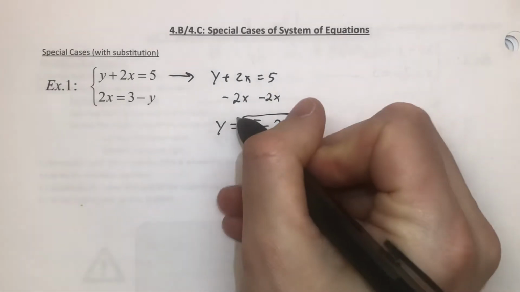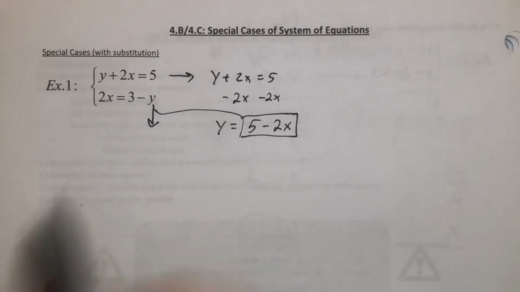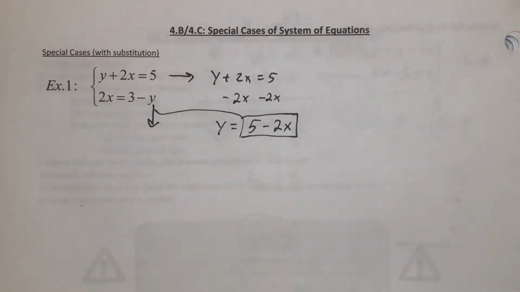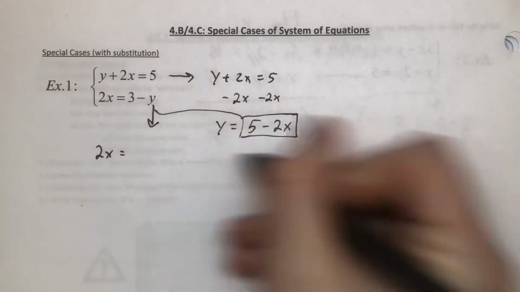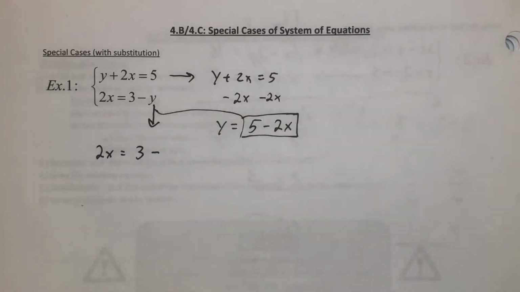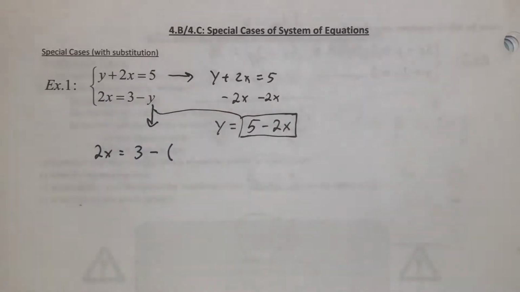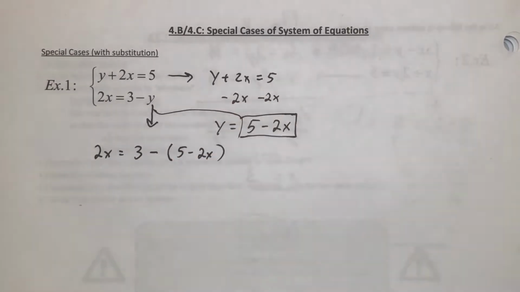And so with substitution, we will take it and substitute it into the other equation. We always go into the other equation, replacing the y there with that collection of terms. So this equation will now look like 2x equals 3 minus, but now here is a case where it is important for us to use parentheses, replacing the y with this 5 minus 2x.